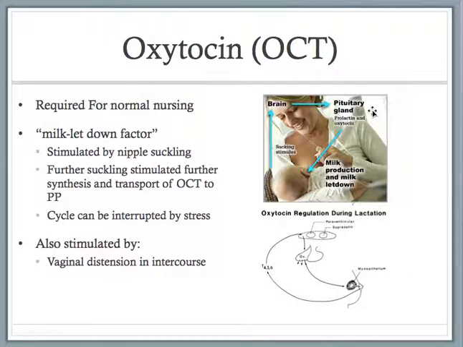Because of the way the delivery positive feedback loop works, when the infant or the fetus is moving down and pressing on the cervix, that causes vaginal distension, which causes more oxytocin release to move down the fetus.